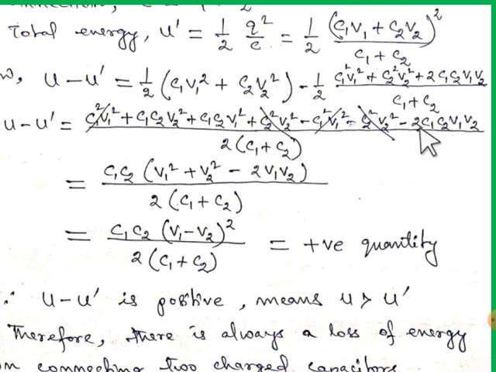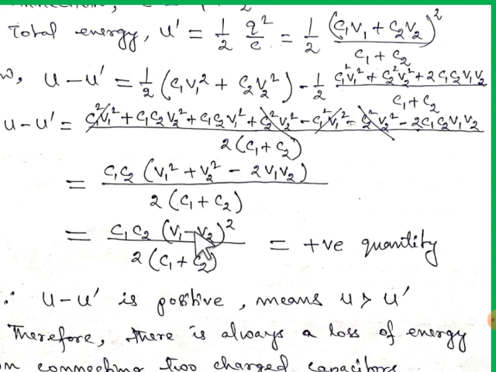All the terms have a common factor c1 c2, right? So you take that common, and take b1 square first, then b2 square second, then minus twice b1 b2. So within this bracket, it is of the form a square plus b square minus twice ab. So it is of the form (a minus b) whole square, so (b1 minus b2) square.